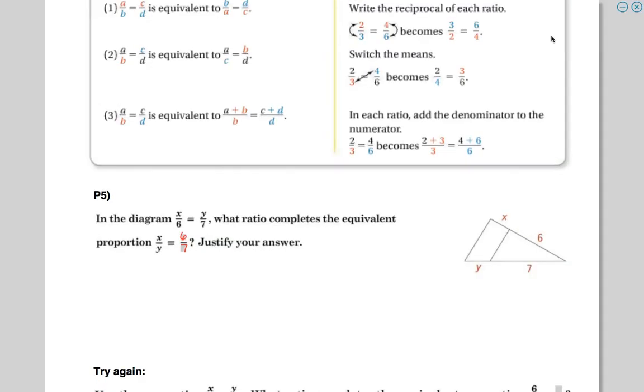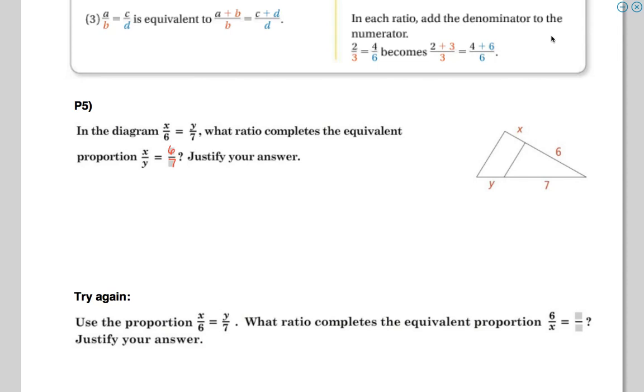So what they did right here is they used this property up here. And it makes sense if you look over here at the two triangles. So up here, what we said was x over 6, y over 7. Think about corresponding parts. And then down here, we did x over y, 6 over 7.